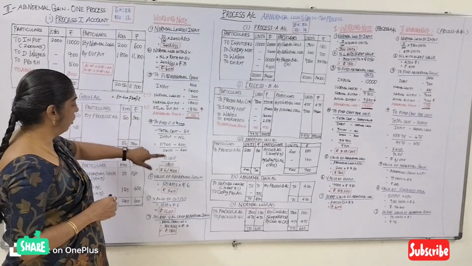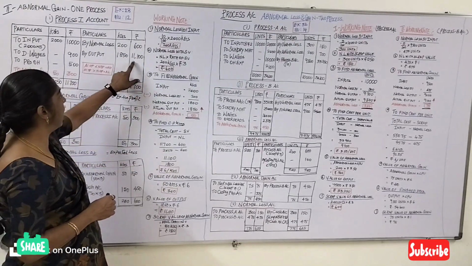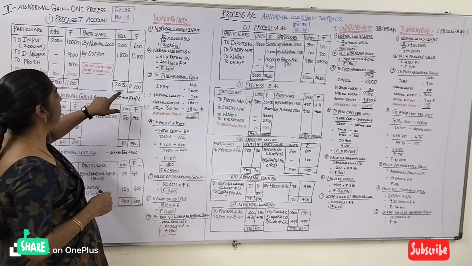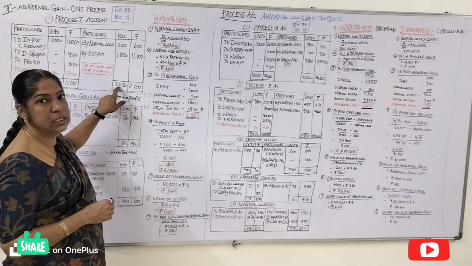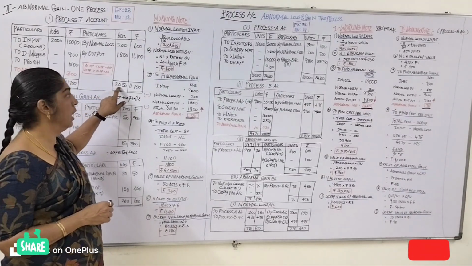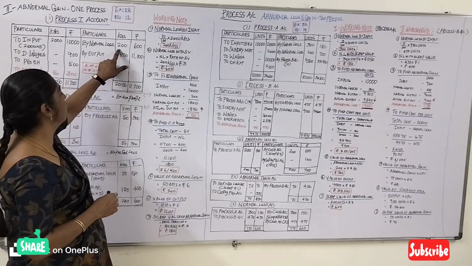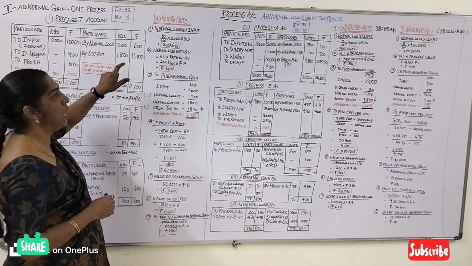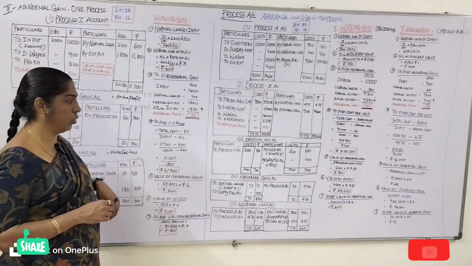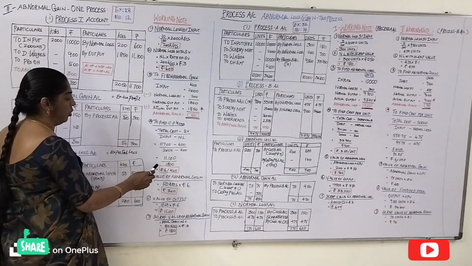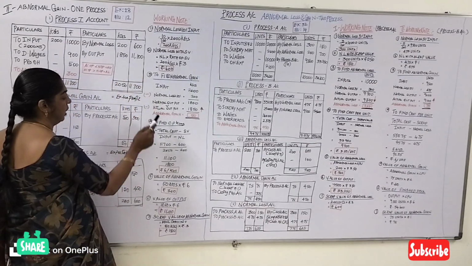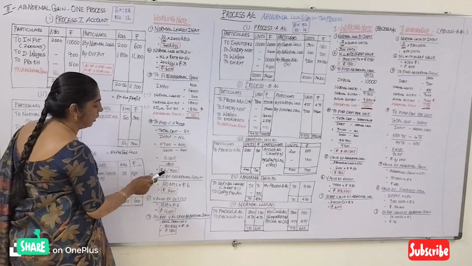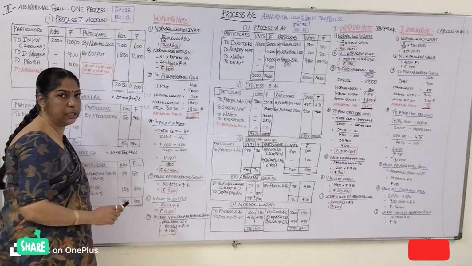How much do you get? You get 11,100 rupees. Then we divide by 2050, the total input, minus 200, which gives 1850 kgs. So 11,100 divided by 1850 gives 6 rupees per kg.